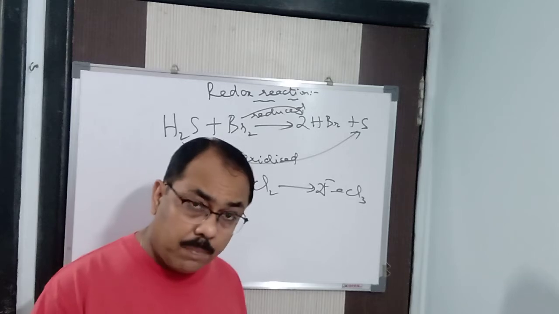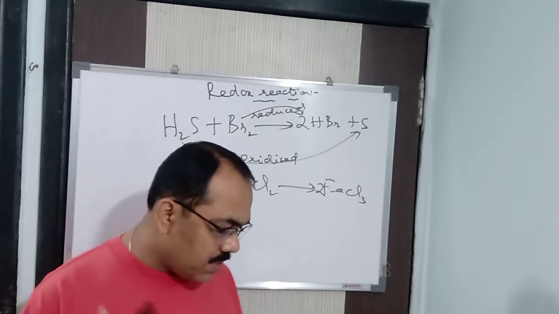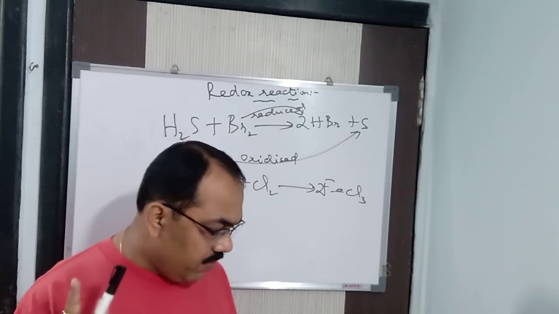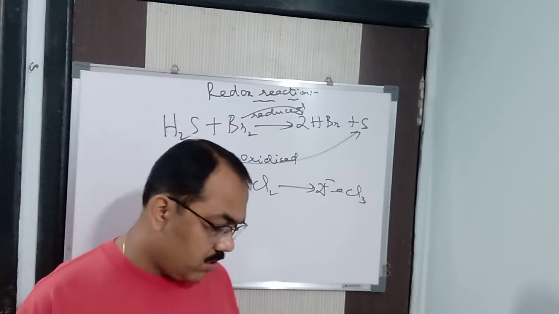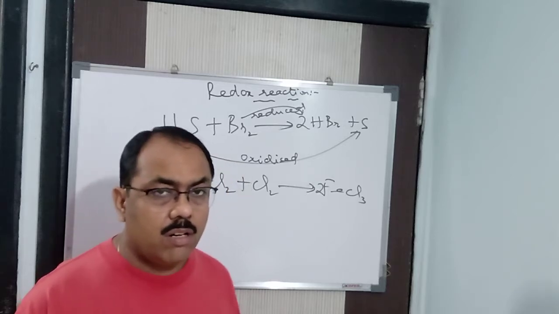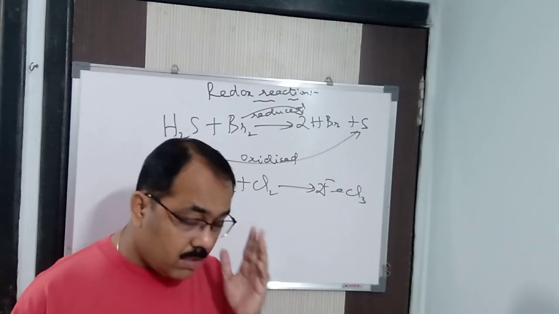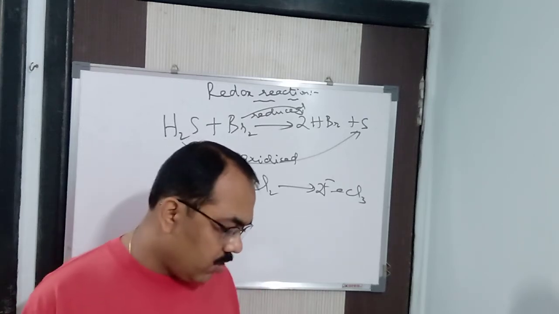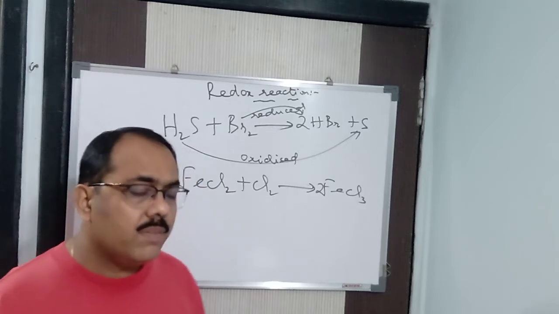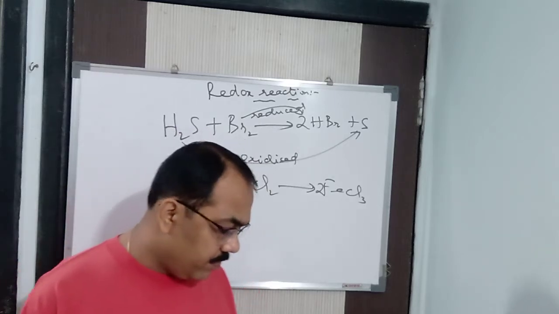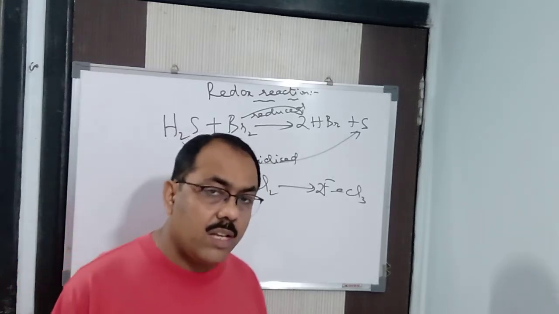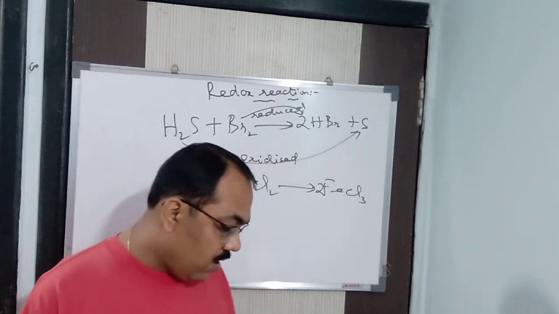A substance which can readily lose electrons to other substances is called a reducing agent or reductant, while one which can readily accept electrons from other substances is called an oxidizing agent or an oxidant.